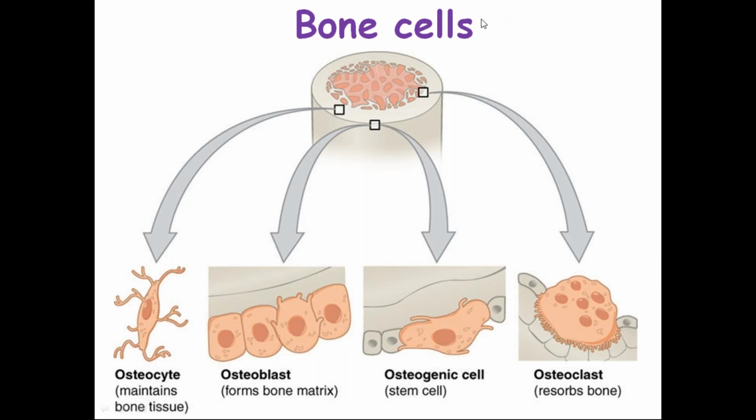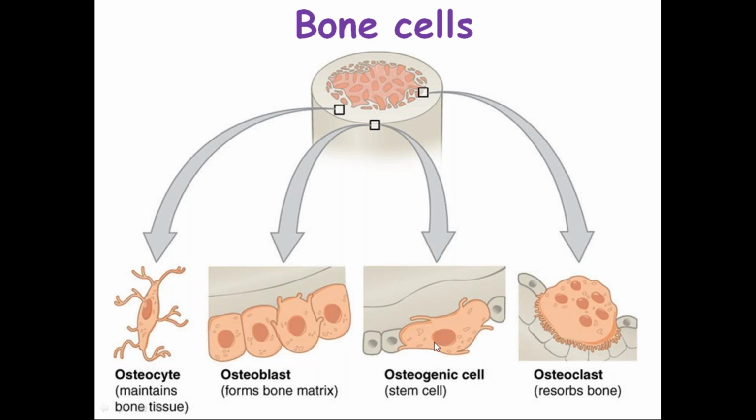Here in the figure, you can see this is the bone and this is the outer portion of your bone, and inside you can see some cells. See here, small areas are marked, and in these areas there are different kinds of cells shown. Primarily, there are four types of cells in your bones: osteocytes, osteoblasts, osteogenic cells, and osteoclast cells. It has to be read like this.